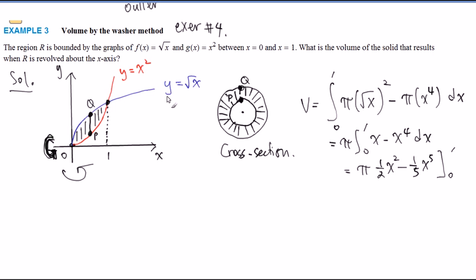But let's go ahead and formulate it as an additional problem, exercise number 5. Go ahead and do that rotation around the y-axis. Outer curve, inner curve, and see if you can formulate it. I don't think we did that. We only did it with the x-axis, but just use the principle and see if you can formulate it with respect to y.